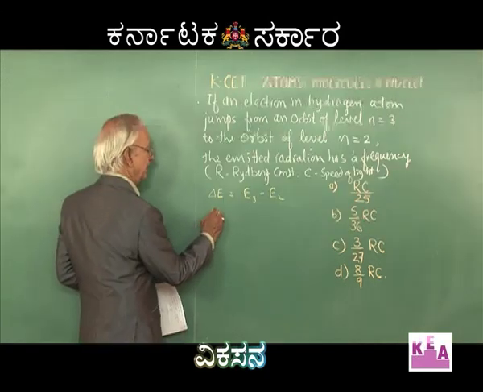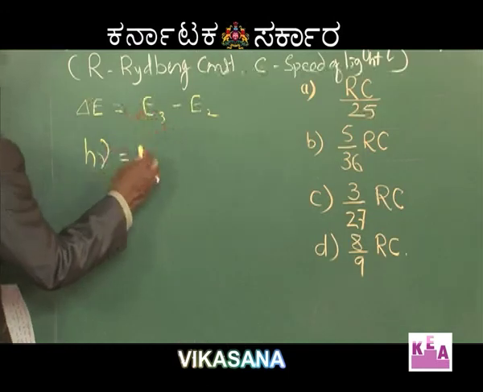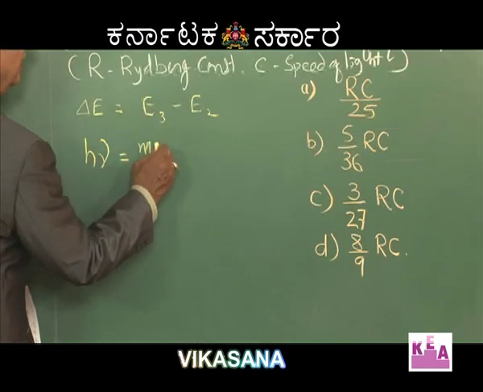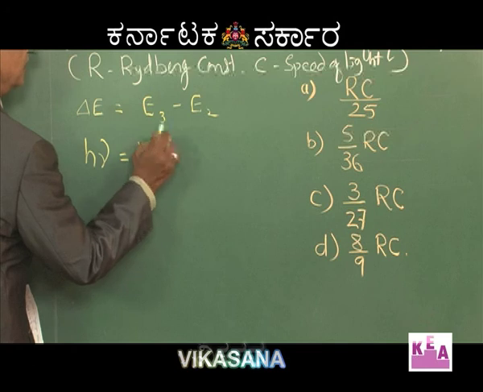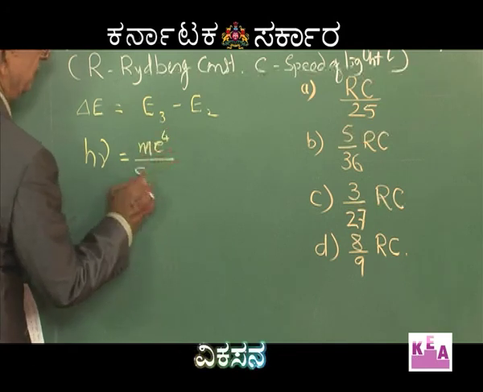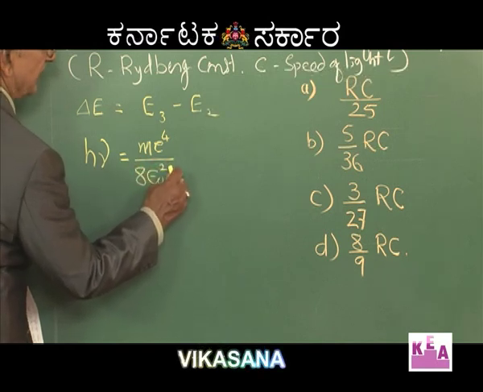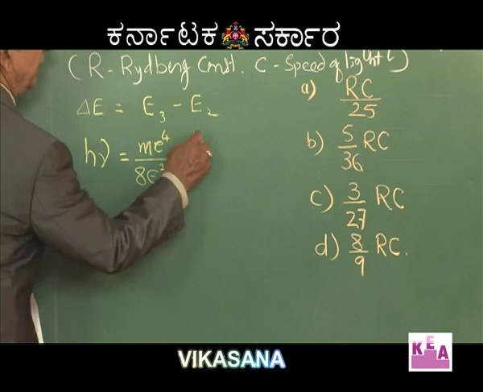For delta E you write h nu, that is the energy liberated, and Z is 1, so m Z square e^4 divided by 8 epsilon naught square and h square, into the bracket.